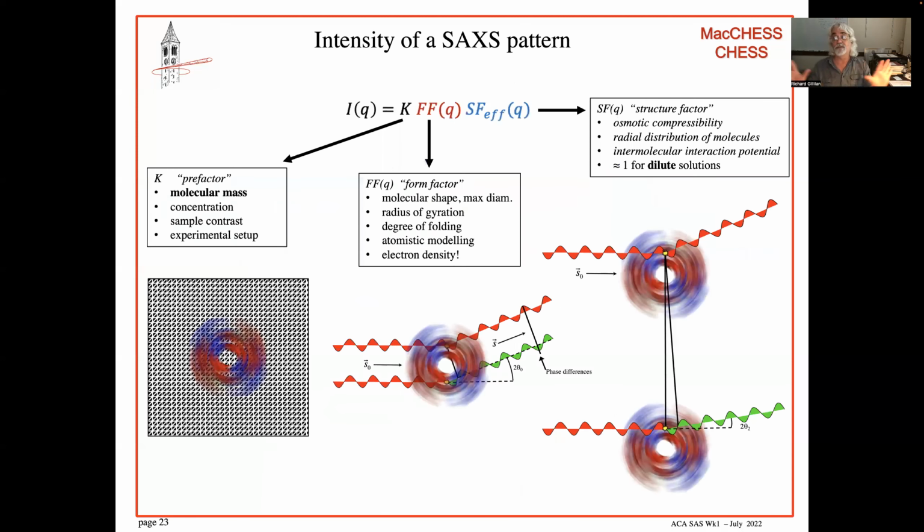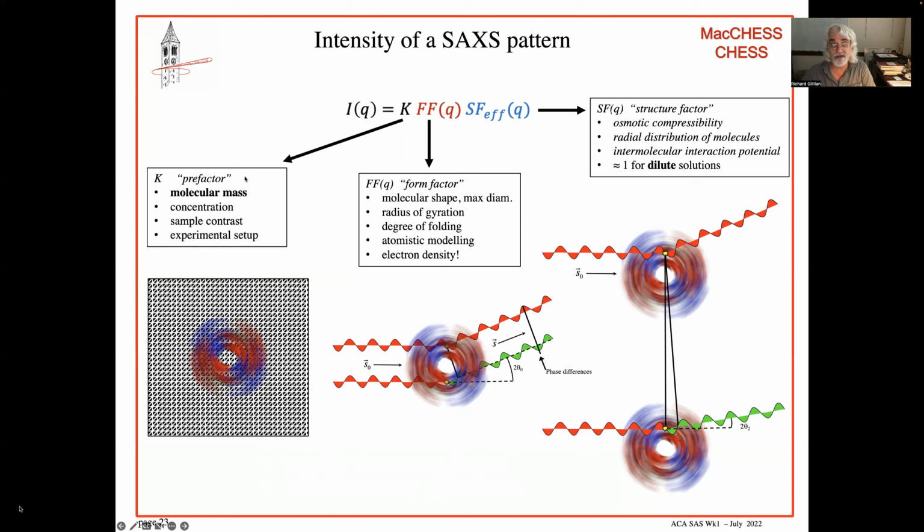Now, I'm going to talk about the nature of the scattering curve. The scattering curve I, that's intensity as a function of Q, scattering angle or momentum transfer, is a product of three things. There's a prefactor, a form factor I have in red, and a structure factor I have in blue. The prefactor is a constant.